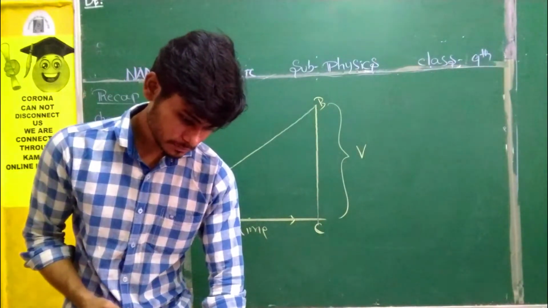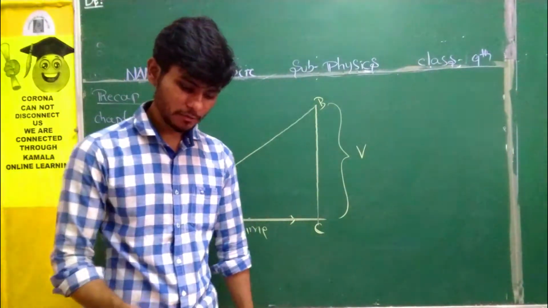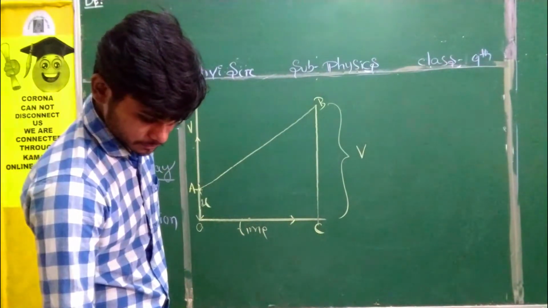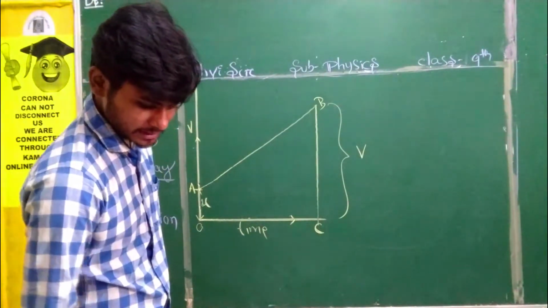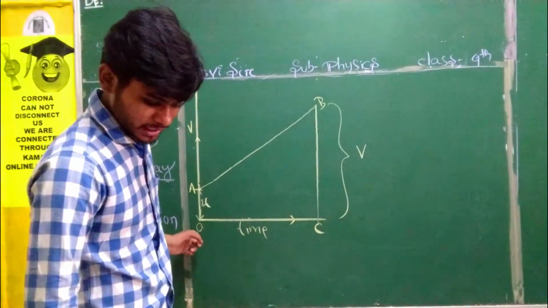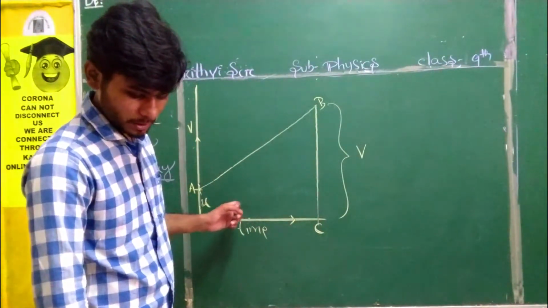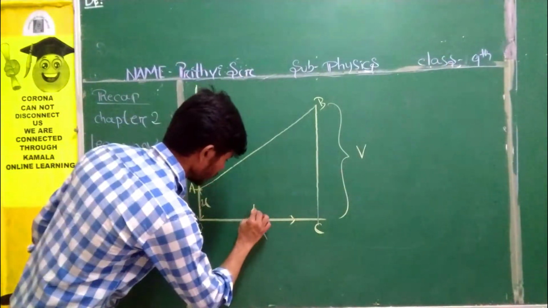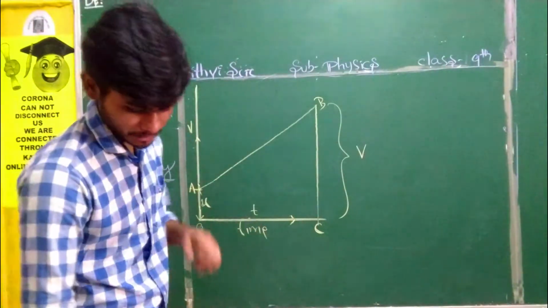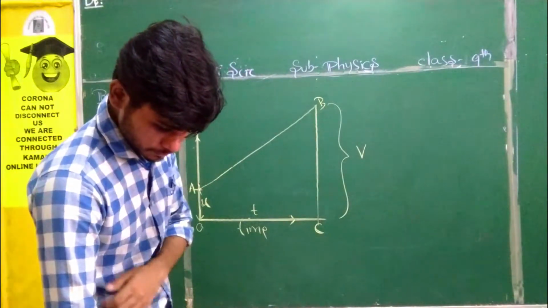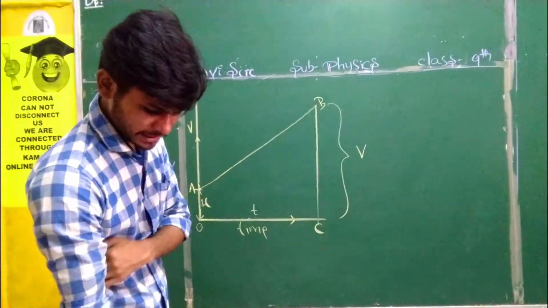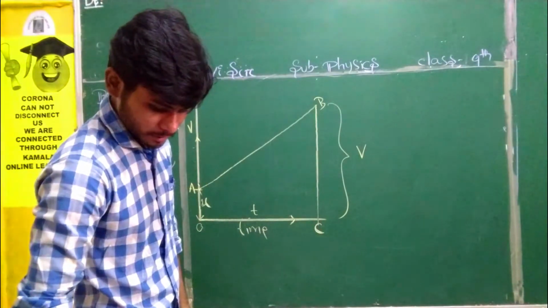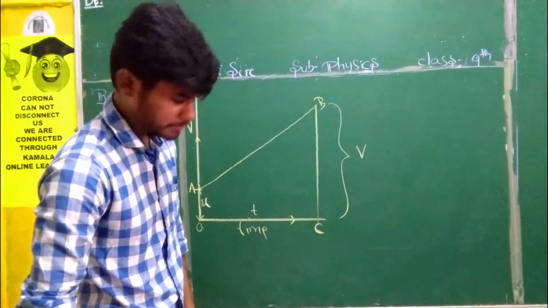Now consider the velocity time graph of an object that moves under uniform acceleration. From this graph you can see that the initial velocity of the object is U and then it increases to V with time interval T. Here time interval is T. The perpendicular lines BC and BE are drawn from point B on the time and the velocity axis respectively.